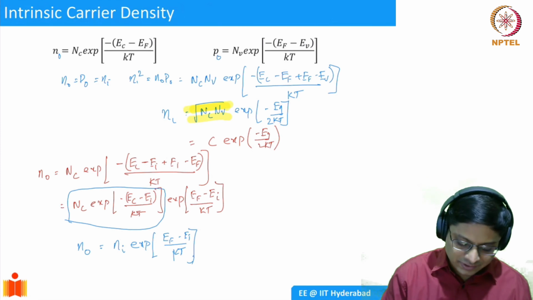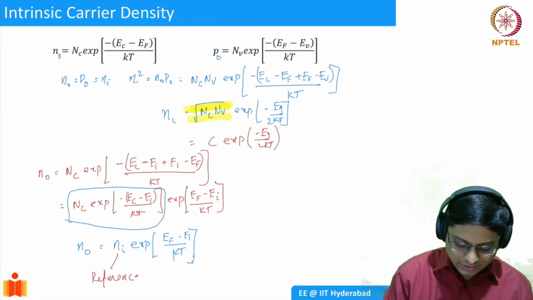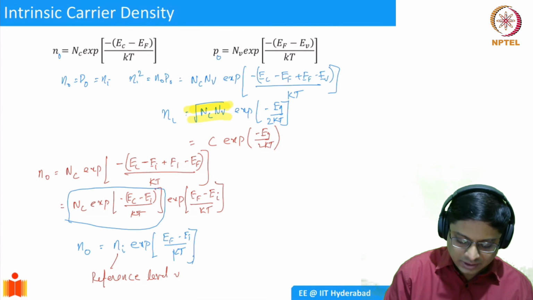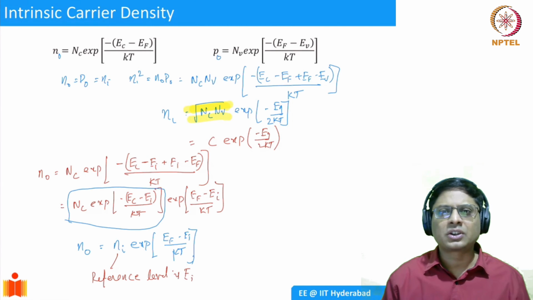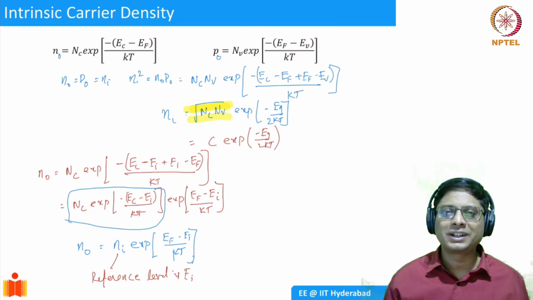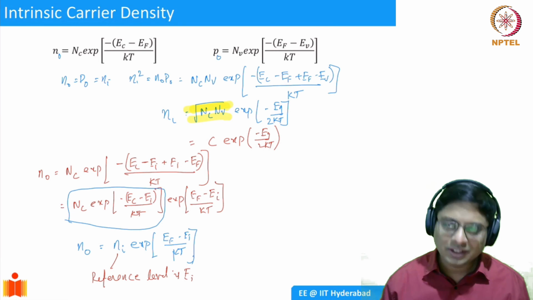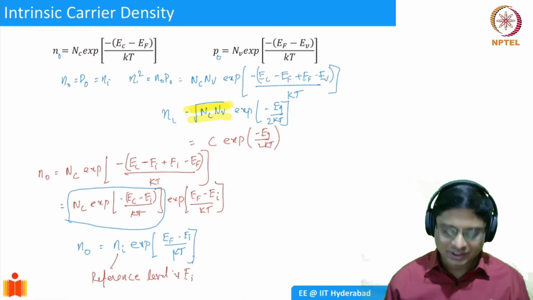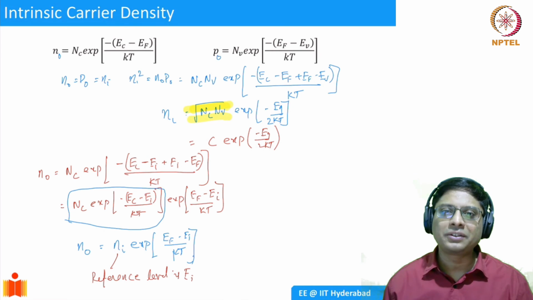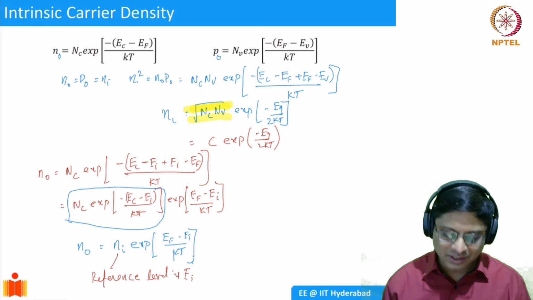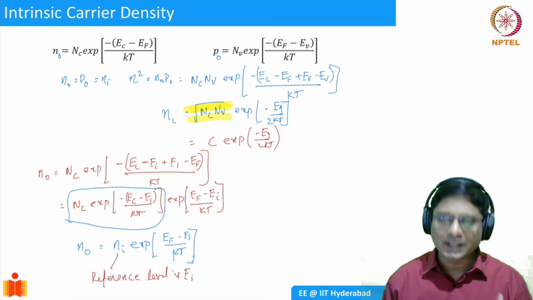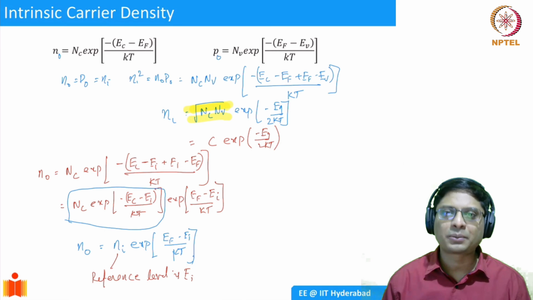This reference level is Ei. That's why we're saying, what is the concentration possible at Ei? It's going to be Ni. And whenever you have a certain amount of doping, we will have to talk about how the Ef changes. But for n-type doping, it will increase. Ef will be going higher, so this exponential term will become positive, and overall you get n naught to be higher.